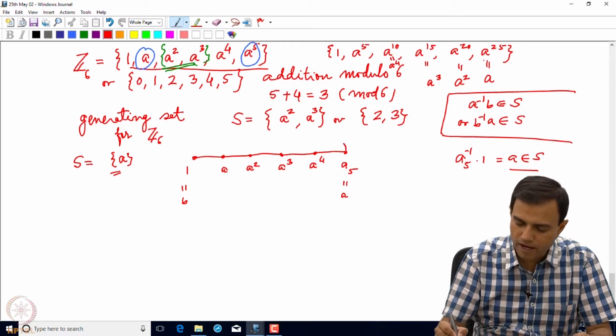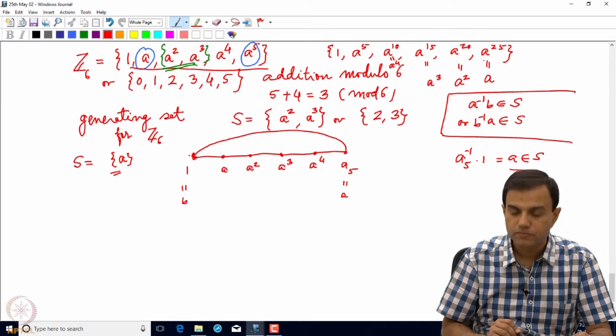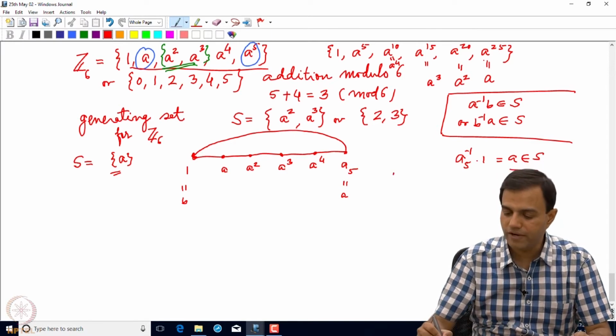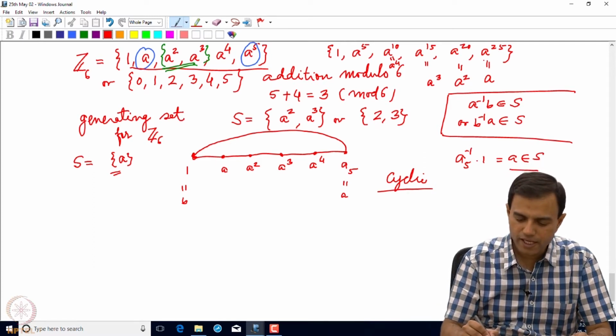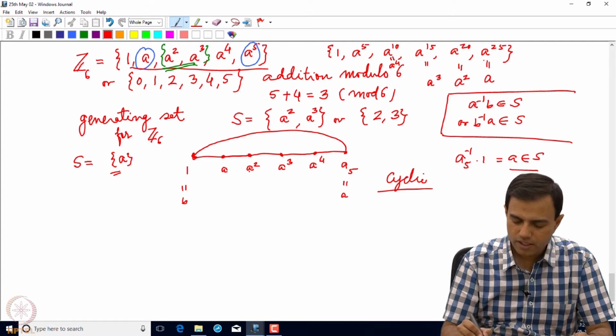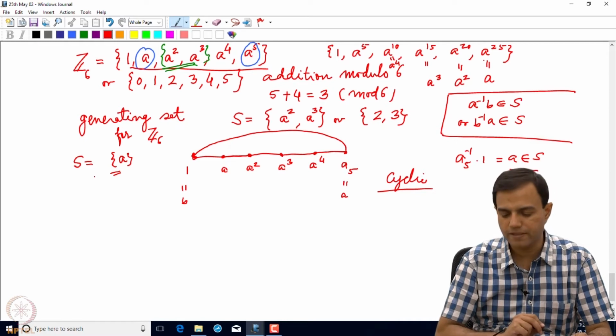So I'll connect it back to this. So the name is quite justified, cyclic group. I have connected, say, A to A square because A inverse times A square is A, which belongs to this set.